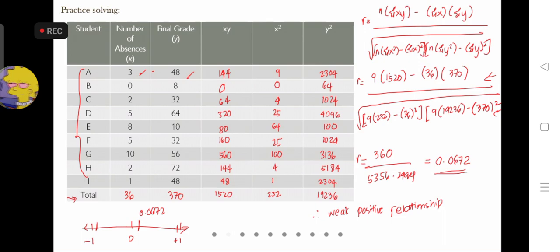So we can further test kay ang iyang value sa R kay 0.0672 man, ato ra na-conclude weak positive relationship. So mag-hypothesis testing ka para makakita ta if significant enough ba ang 0.0672 nga relationship para makaingon ta nga naay relationship si X ug Y.